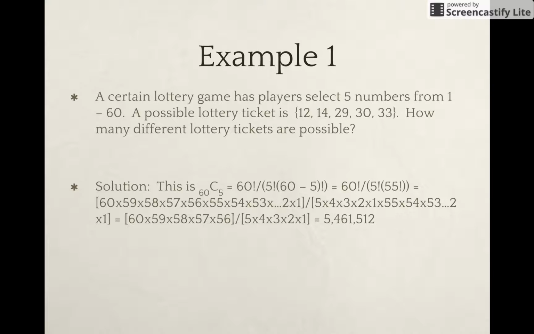One thing that students often struggle with when we start these counting problems that involve combinations instead of permutations is determining whether they should use nPr or nCr. The thing I would always tell students to do is to take an example like the one we had in this problem and write that example down in a different order. Maybe write 33 in the front and put the 12 in the back. Is that a different lottery ticket than the one in the example?